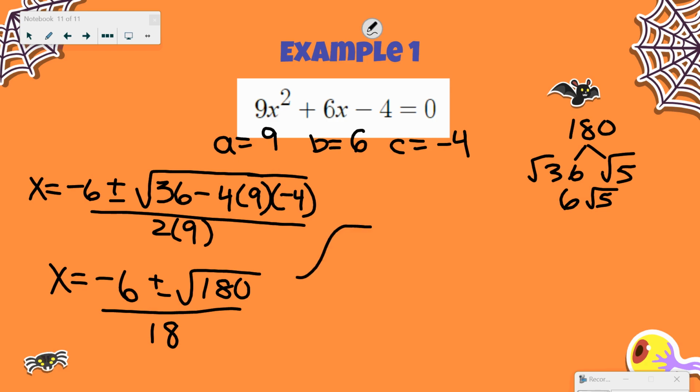So, backing up here, we know we'll have x equaling negative 6 plus or minus 6 root 5, all divided by 18. And now, have we simplified all the way? What do you see that we can still simplify? Plus or minus.